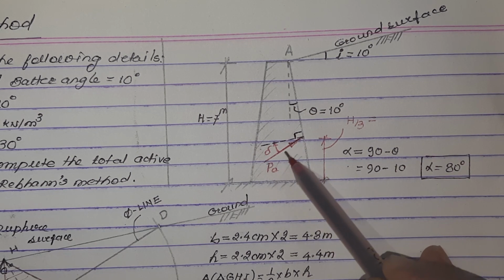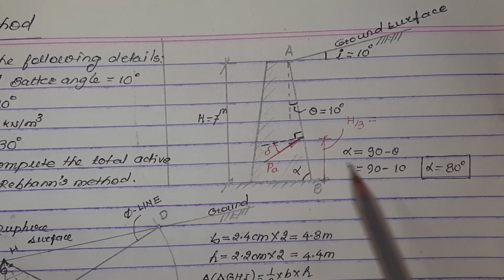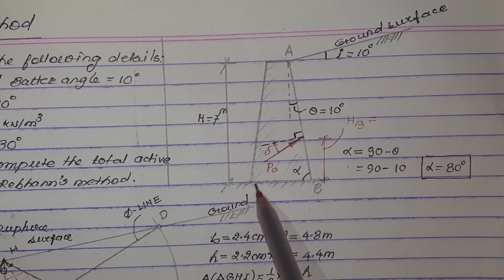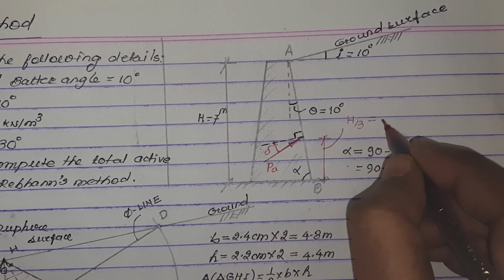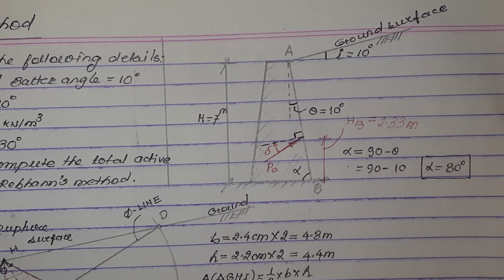This is the direction of total active pressure PA, acting on this wall, it will be acting at h by 3 distance. Total height is 7 meter. Hence h by 3 will be 7 by 3, which will be 2.33 meter from the base. In this way, we have found out total active thrust on the wall using Rabin's graphical method.